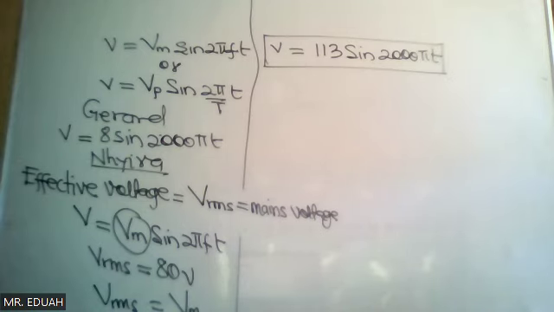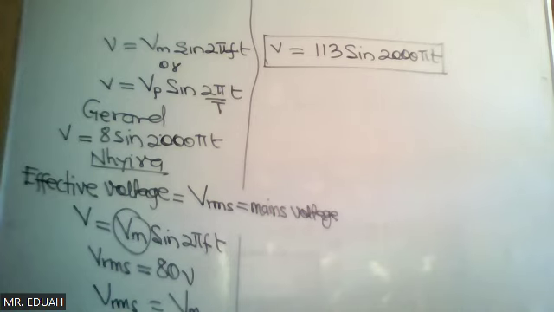A voltage V is equal to 60 sine 120 pi t is applied across a 20 ohm resistor.